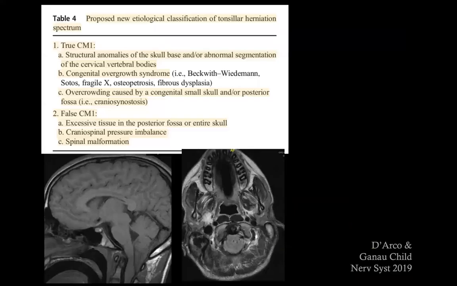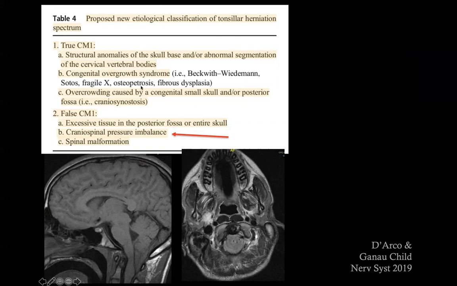So basically, as you can see here, a craniospinal pressure imbalance can give you either hypertension or hypotension, and the presence of low cerebellar tonsils. This is from the paper from Gaslini. True Chiari malformation type 1 is due to abnormality in the skull base, or craniosynostosis, or congenital overgrowth syndrome.